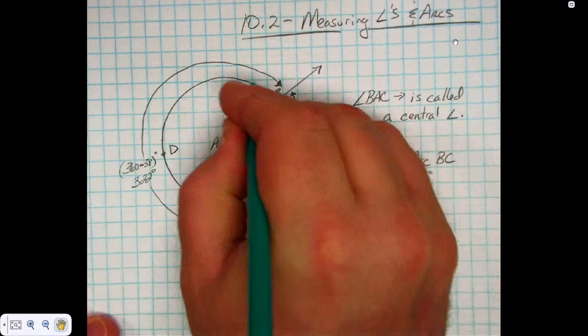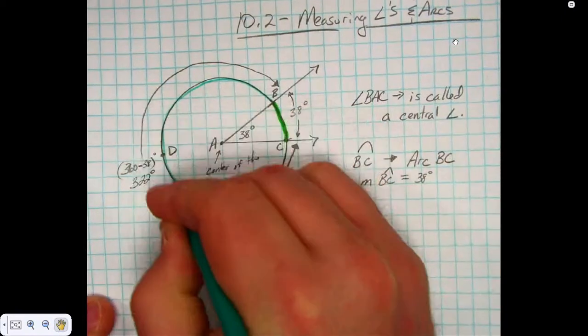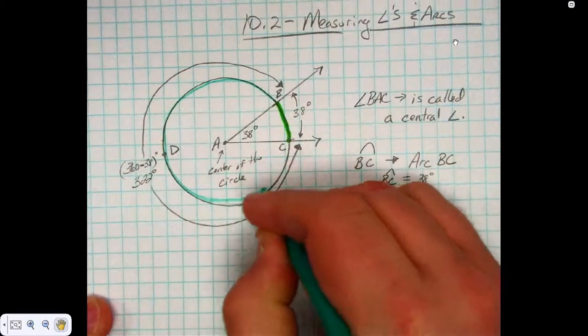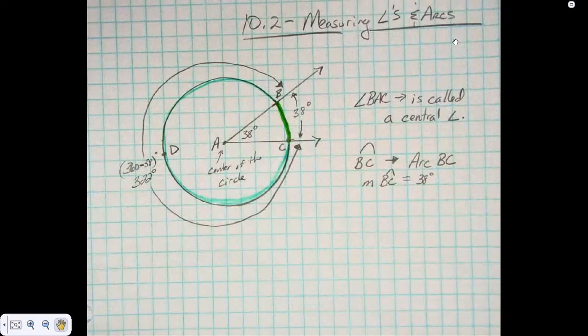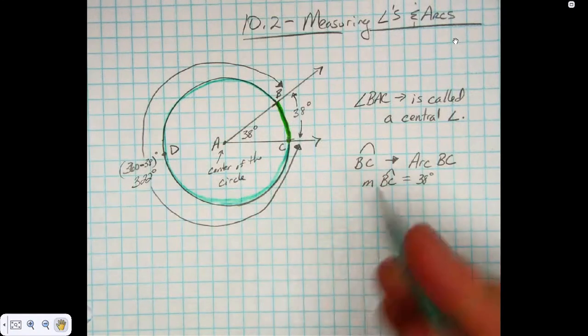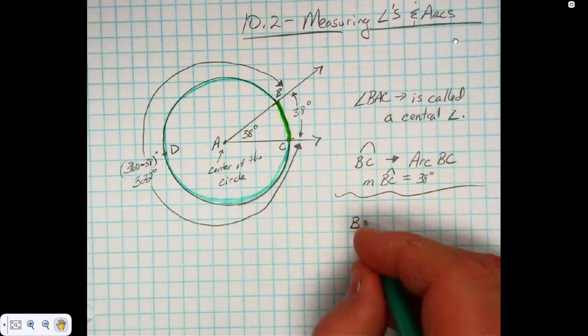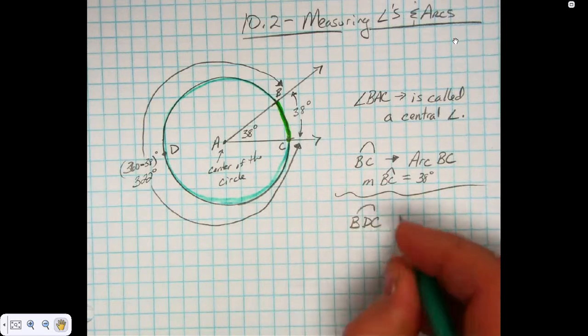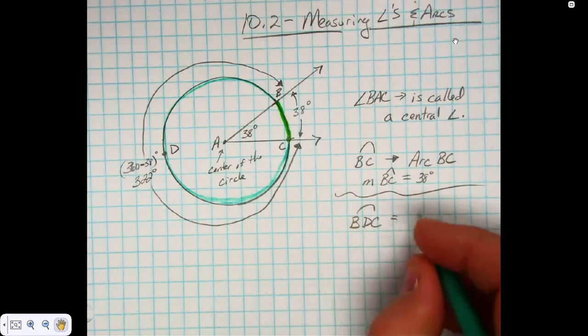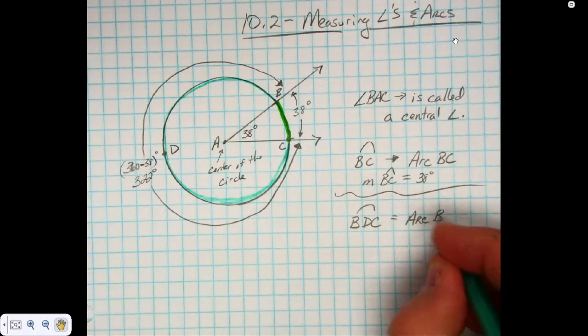So what in the world do you do here? Can anybody guess how you name this arc? Well, we name this arc B to D to C, and we would, of course, say arc BDC.